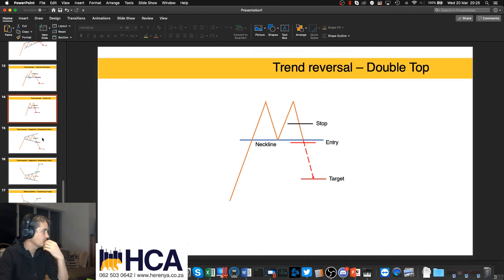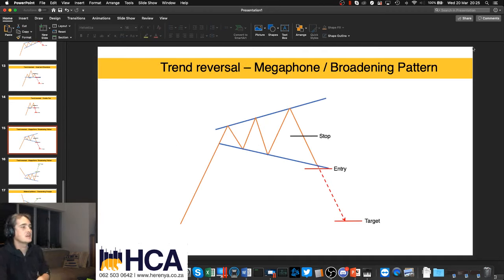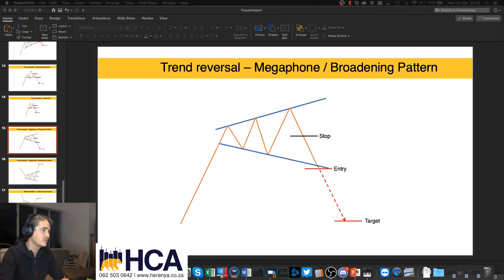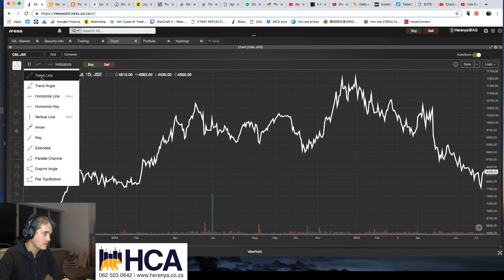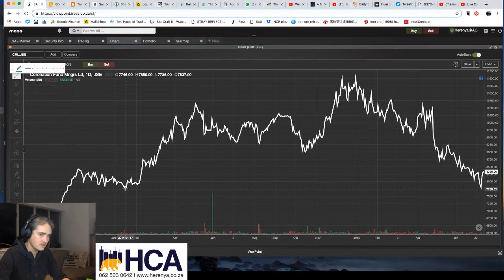Okay, double top we've spoken about. Then the broadening pattern, this is another one. Oh yeah, this is actually the example that I wanted to show you. And then I got sidetracked into good old Aspen. So this is also a long time ago. This is also daily.